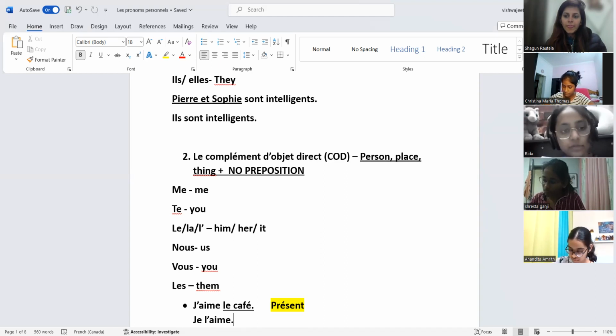Ma'am, so we can use COD with people also, right? Yes, you can use COD with people also. Can you try guessing one example? If you can just make one example, like without preposition. Yes, you can. It's possible. Try. It is possible that we are talking about people and we are using COD, and a preposition is also not there.